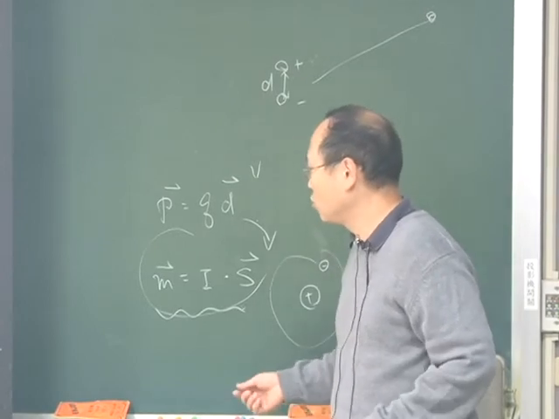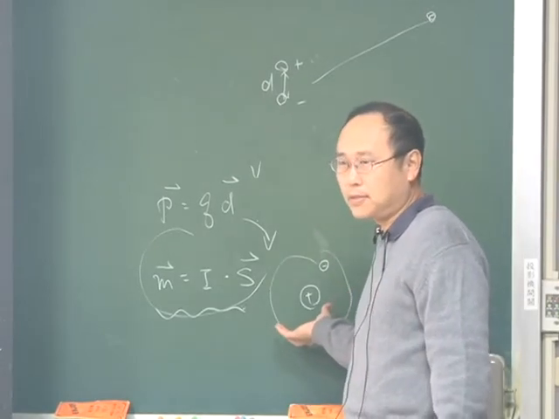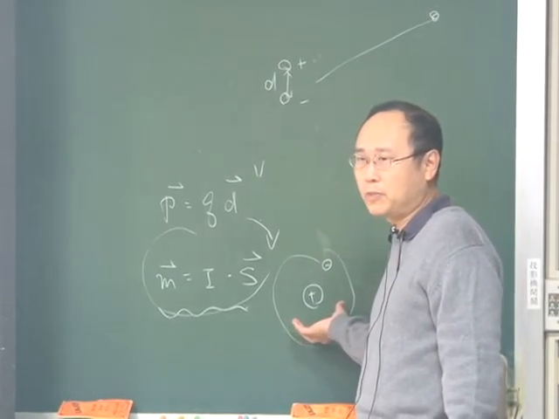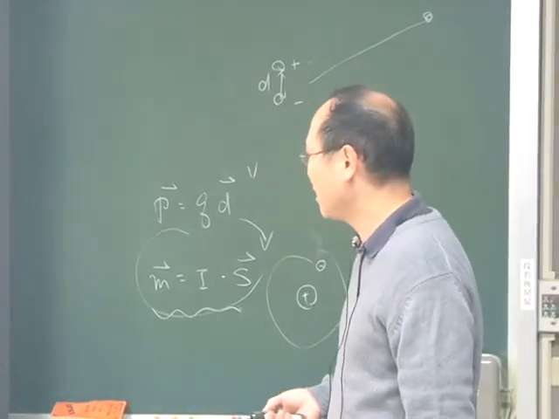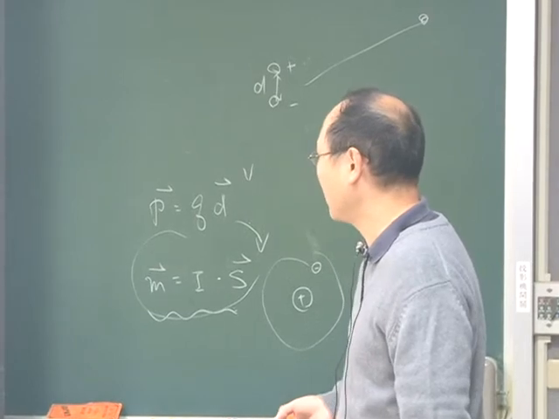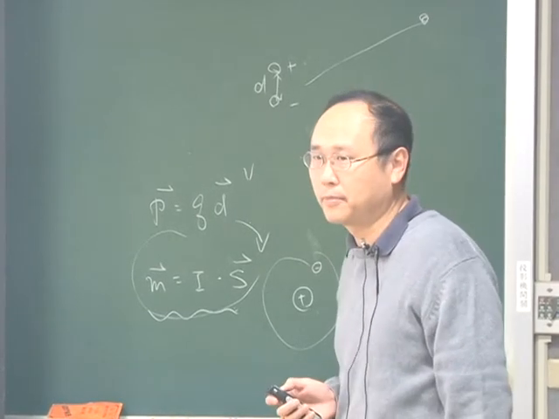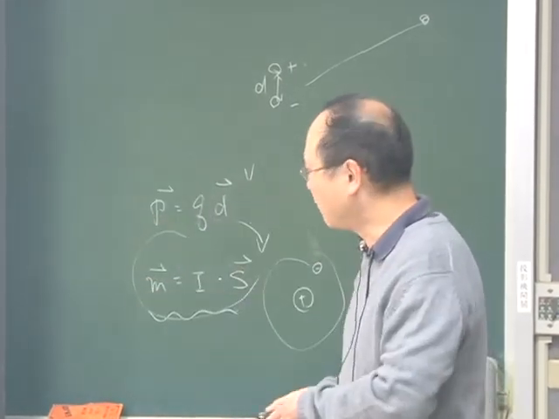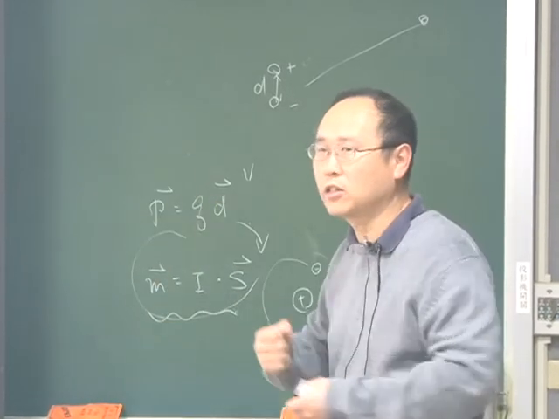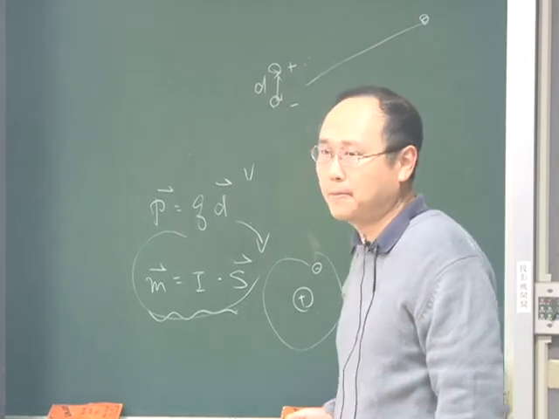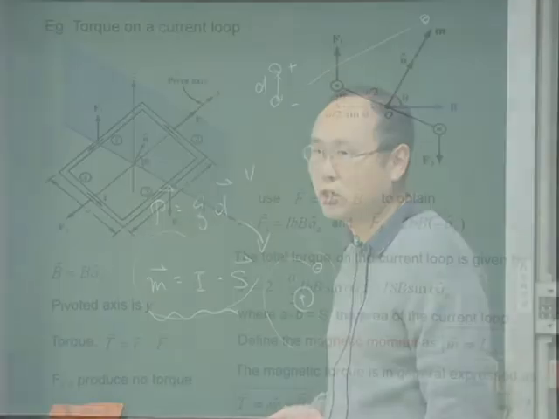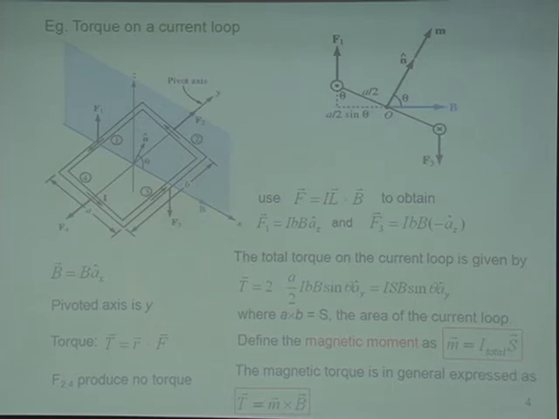Okay, so if you put this very small magnetic moment in a magnetic field, then this magnetic moment is going to experience a torque. That magnetic field can rotate this current loop in a certain direction defined by M cross B. And this equation is very general, 非常 general. 也就是说, it does not depend on the shape of this current loop.